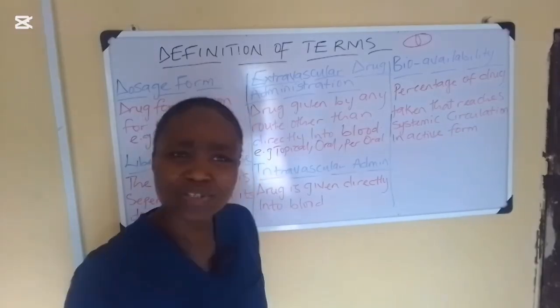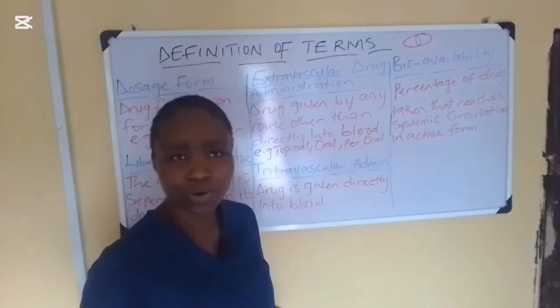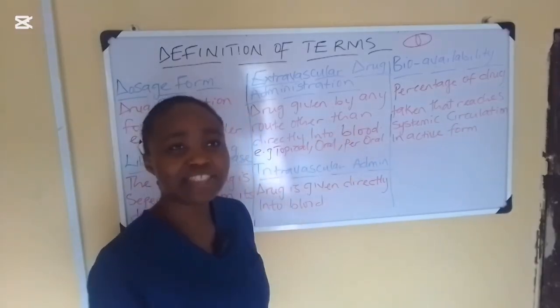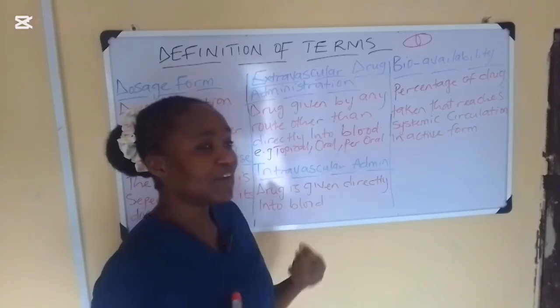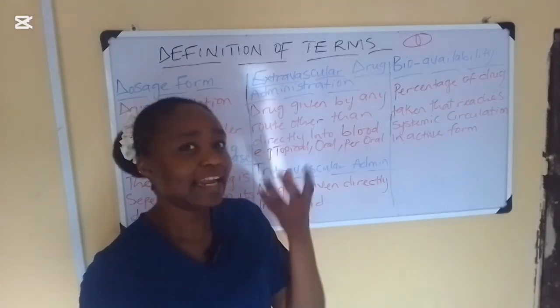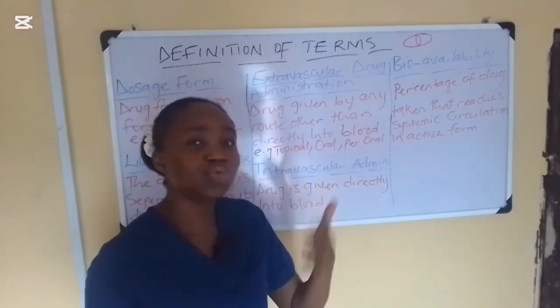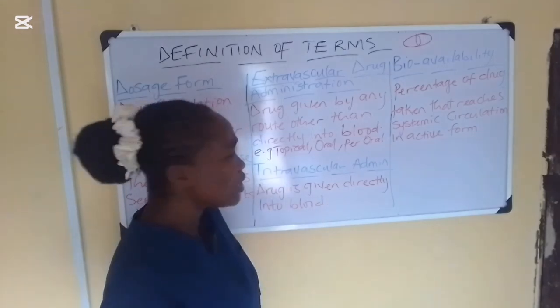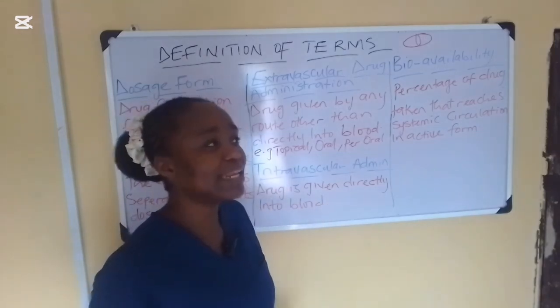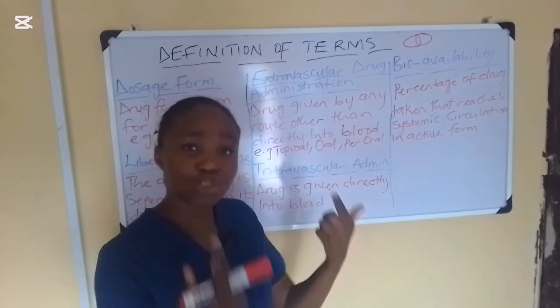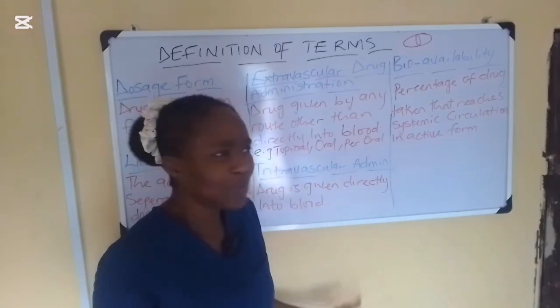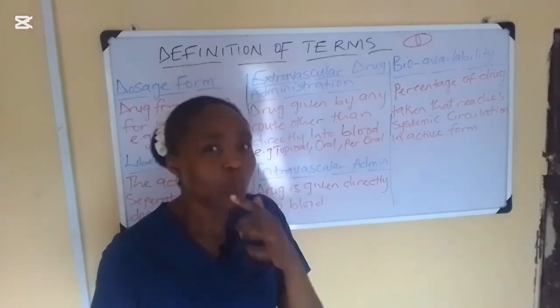Now, you might want to ask, what's the difference between oral and per-oral? Per-oral simply means a drug that is swallowed. If I get a capsule or a tablet, and I get water and swallow it, the drug was taken per-orally. But then what is oral? Oral is basically any form of drug medication that is taken through the mouth. It could be any form. It could be under the tongue, which is sublingual.